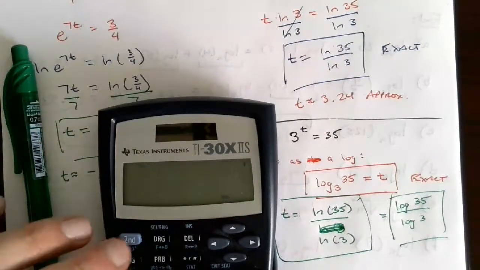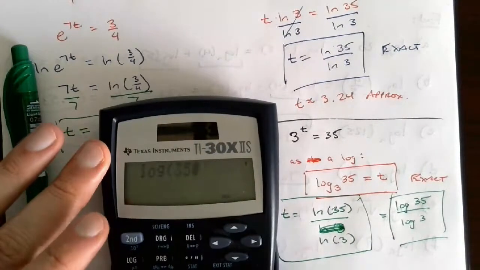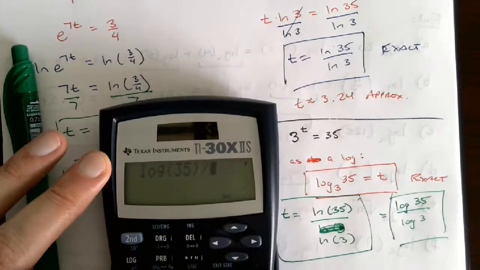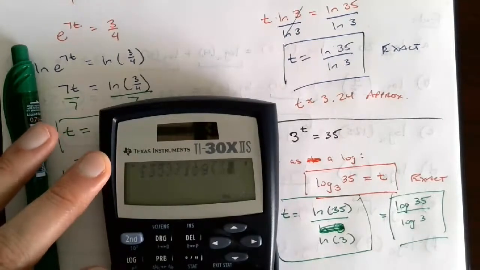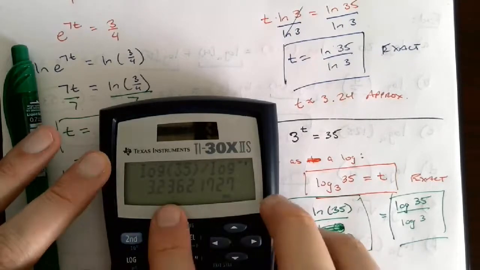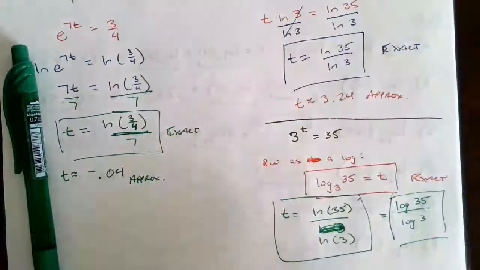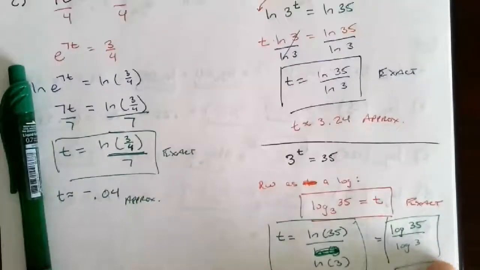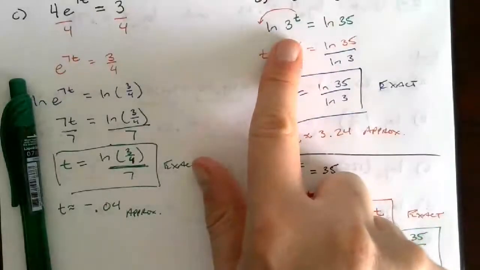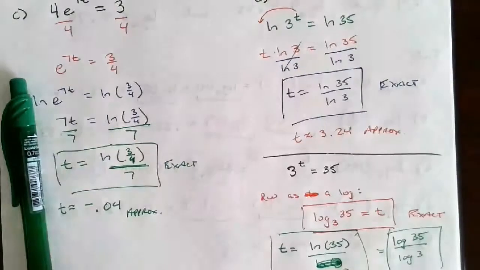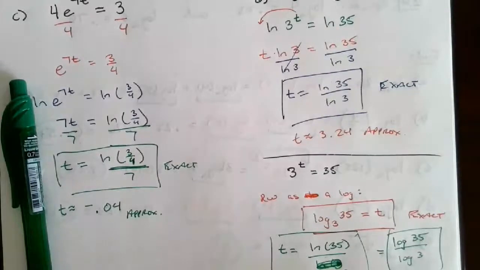If I was to do the log base 10 of 35 divided by the log of 3, you see you get the same value, 3.2362, keeps going. These are equivalent, meaning when you do this part up here, you could use natural log, you could use log base 10, you could use log of any base, but you have to be consistent. You can't do one side with one type of log and the other side with a different type.